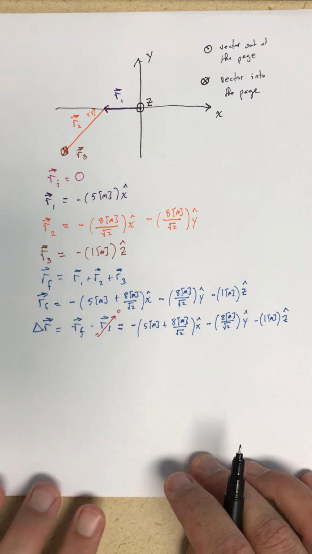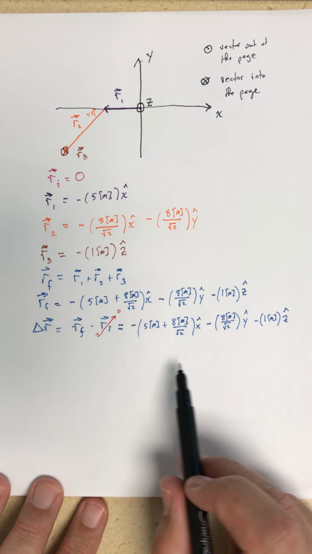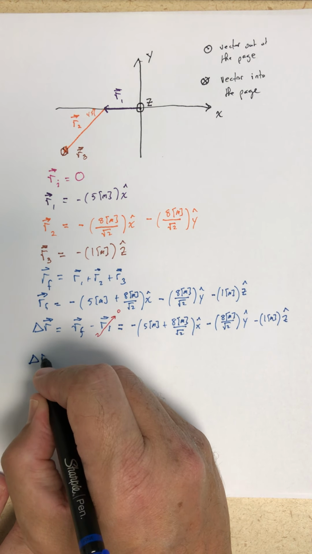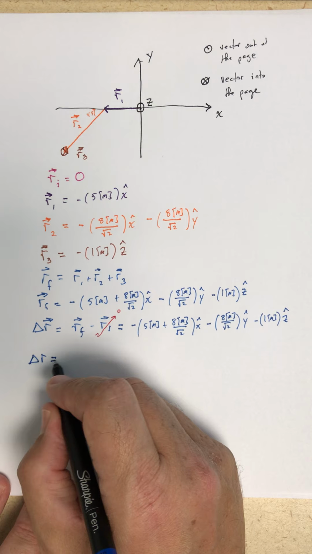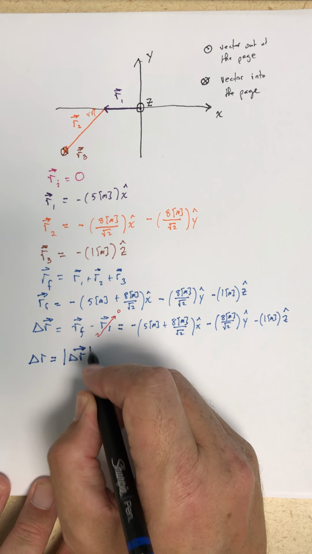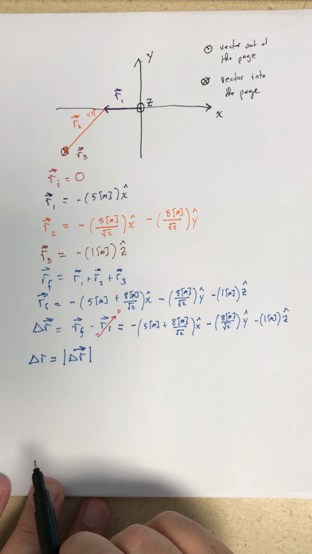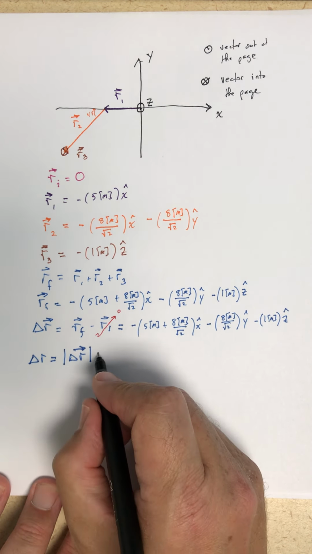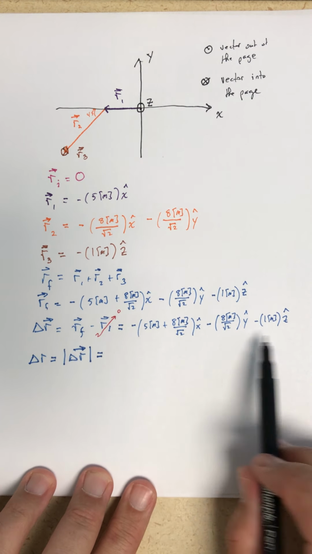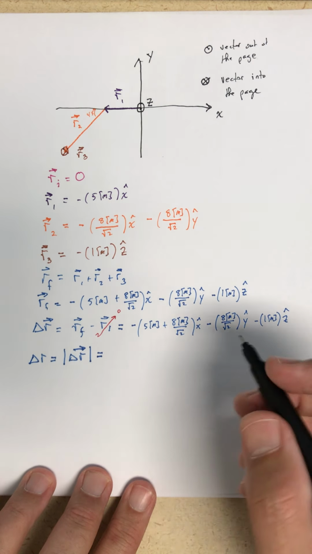All right, and then we are asked to calculate the magnitude of this vector. So I want to go through and do that. The magnitude of the vector delta r, that's how we would write it in our notation. So it looks like the absolute value of the vector delta r. We're going to use the Pythagorean theorem for all three of those perpendicular components of x, y, and z.